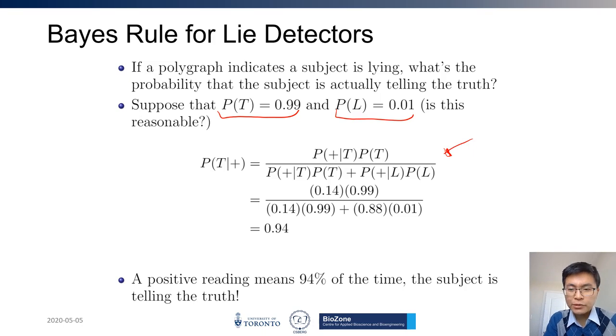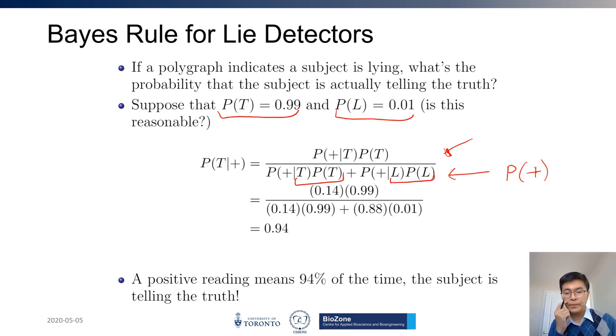And I guess one intuition as to why the denominator is true is, well, essentially before this was P of plus, P of positive reading, but positive readings can come from either the test subject is lying or the test subject is telling the truth. So we essentially sum over both possible cases. Okay.